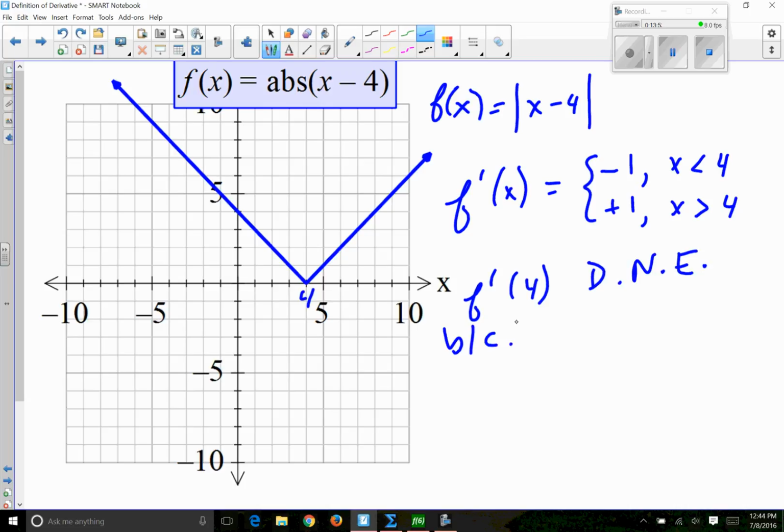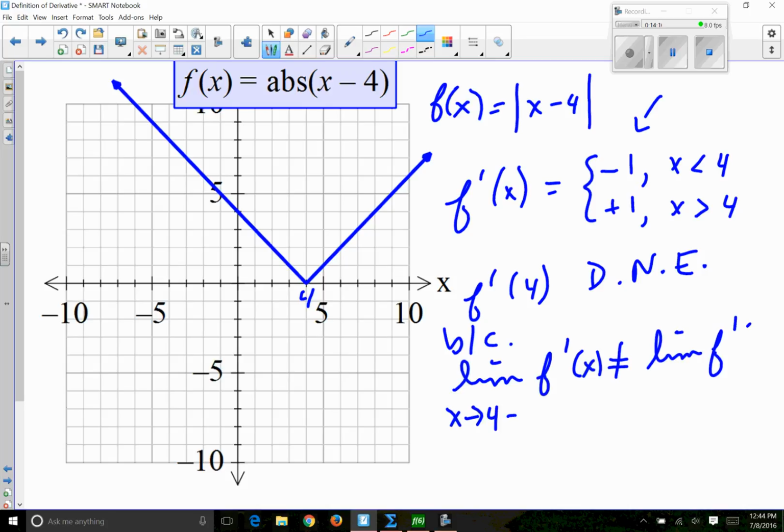because the limit of the derivative, which is up here, as x approaches 4 from the left, is not the same as the limit of the derivative as x approaches 4 from the right. On the left side of 4, the derivative is negative 1.